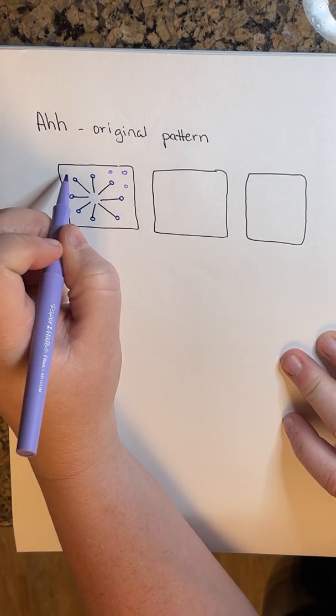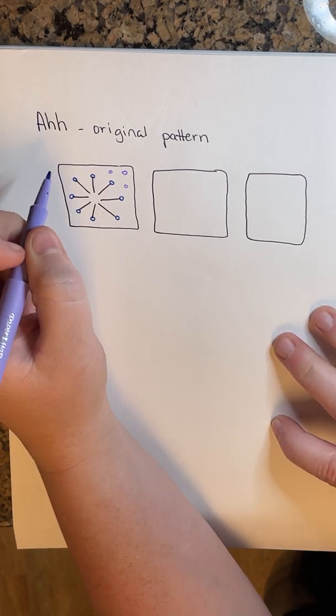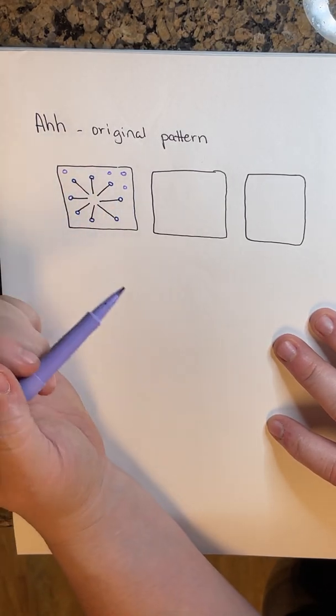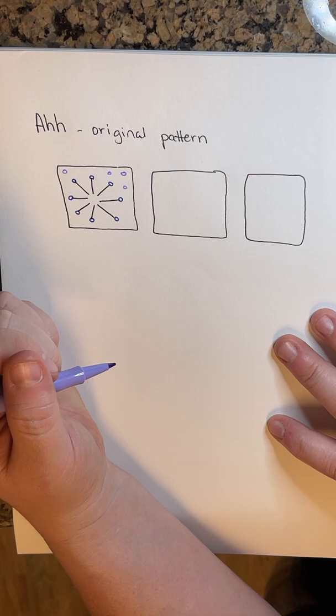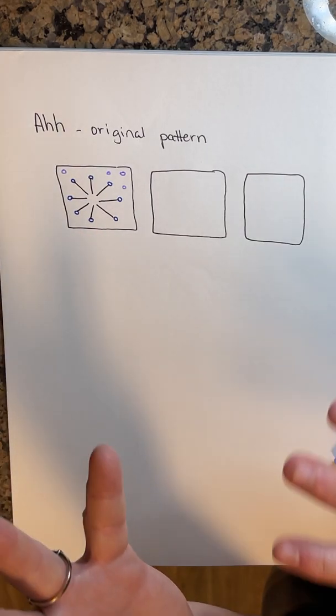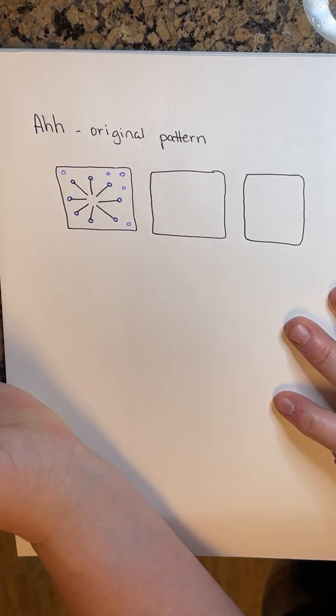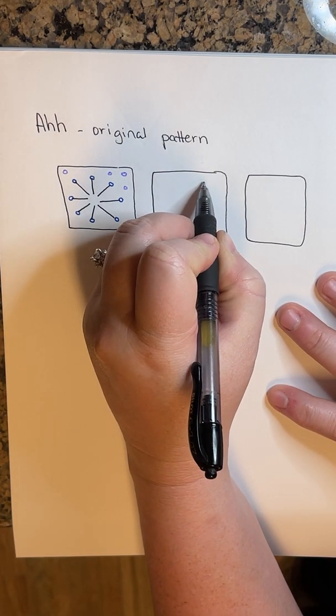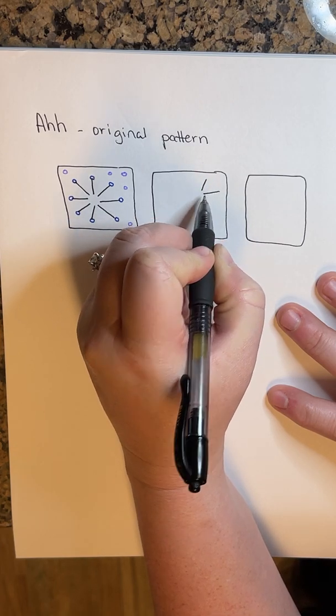When it comes to art, odd numbers look the best. So you can put 1, you could put 3. You want to try to stay away from even numbers. Odds just look more appealing when it comes to art. So as you're creating this pattern, you can create big ones and little ones and kind of scatter them around.